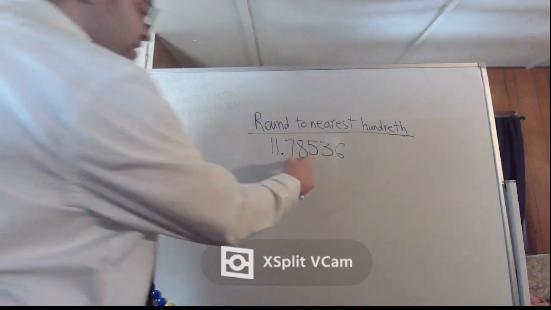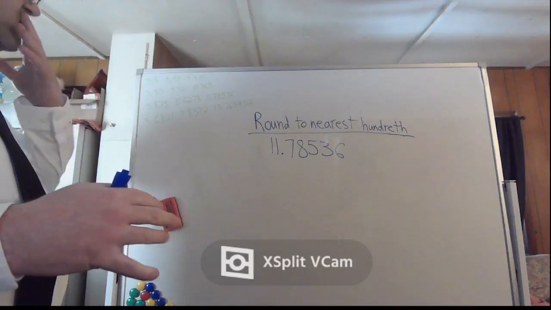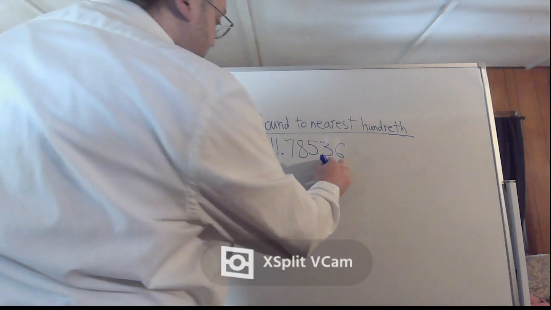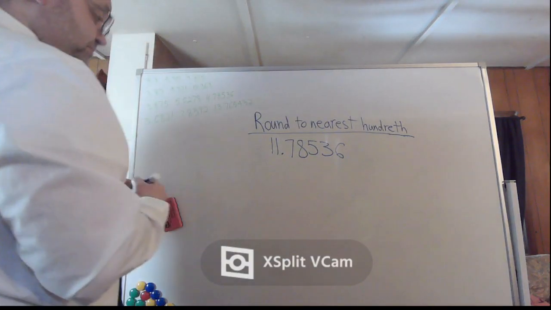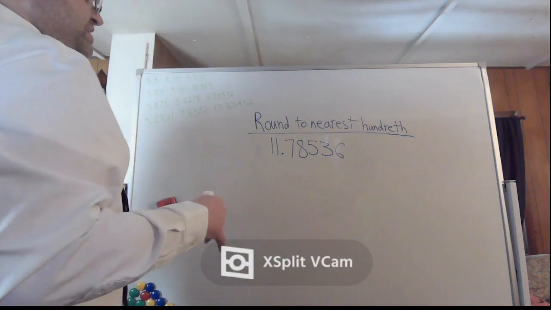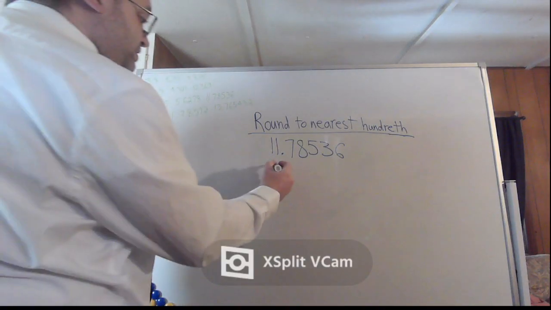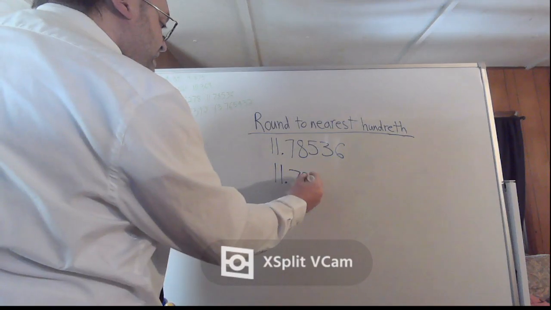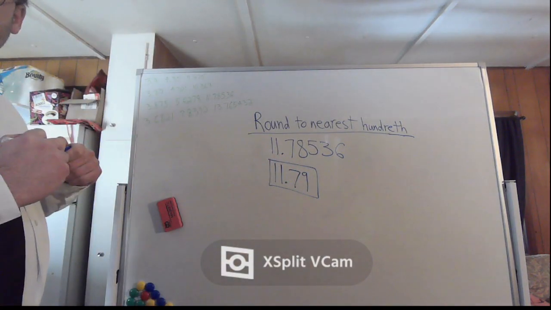You have a 5 in your thousandths place because we focus on the place to the right of the hundredths. We don't care what's in the 10,000ths or 100,000ths place. Only focus on the 8 and 5. Since what's in the thousandths place is 5 or greater, we're going to round up to the next hundredth. So your answer for this would be 11.79. That would be to the nearest hundredth, 11.79.